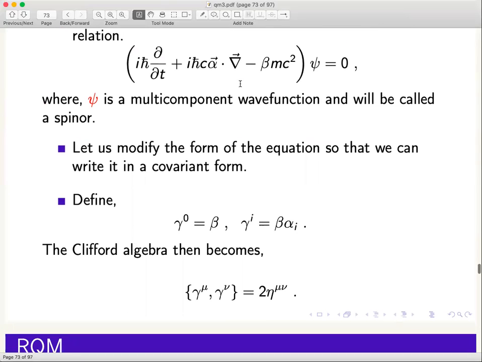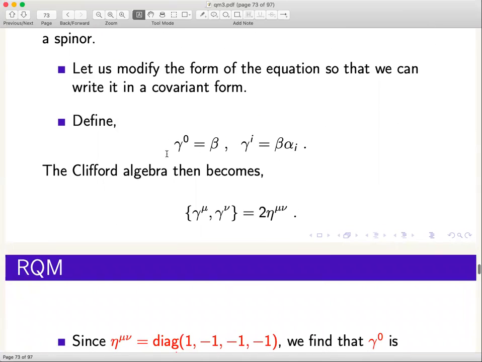We can, of course, make this equation look covariant by switching from alpha to gamma matrices by multiplying this entire equation by beta. Then the beta appearing in front of del by del t would be interpreted as gamma 0, and beta times alpha appearing in front of p would be interpreted as gamma_i, and of course beta squares to 1, so there is no beta out here. If you do that, then gamma matrices have a slightly different anti-commutation relation, typically represented by curly brackets as against the commutator bracket.